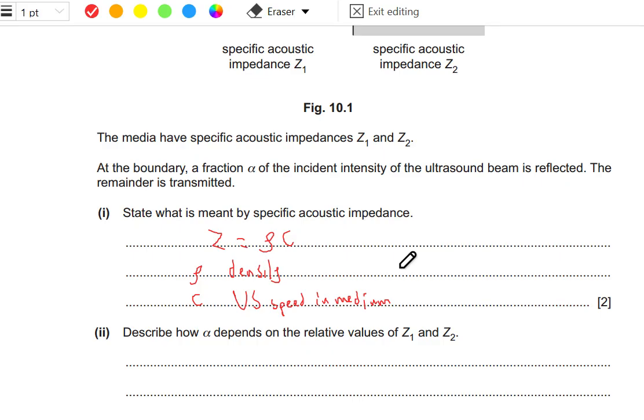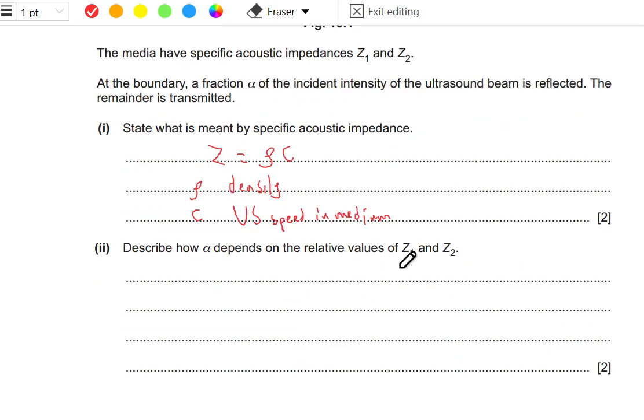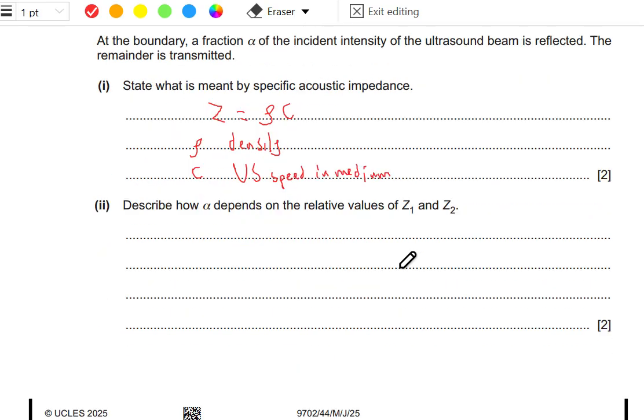Describe how alpha depends on relative values of Z1 and Z2. Alpha is equal to IR over I naught, so it is equal to (Z1 minus Z2) over (Z1 plus Z2). For Z1 equal to Z2, alpha is 0, no reflection at all.